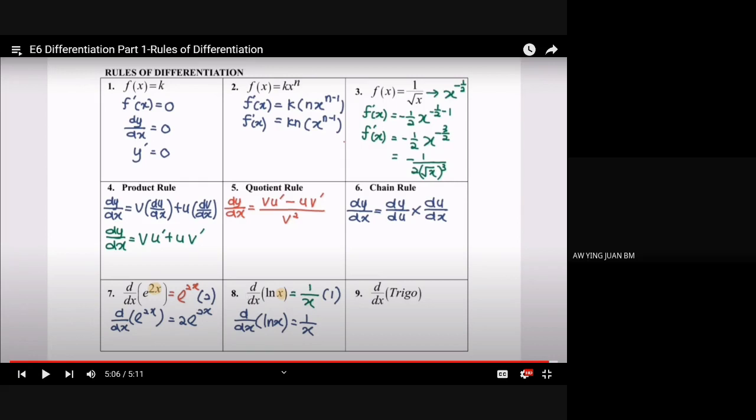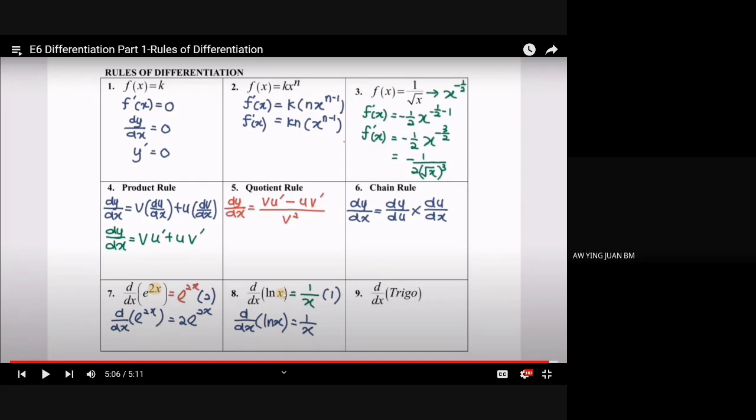Nombor 7 kita deal with exponent, nombor 8 kita deal with ln. Okay, kita hanya boleh differentiate ln. Kalau log base lain, kita tak mampu, kita kena tukar guna properties atau law atau rules of log untuk tukar jadi ln sebelum kita bertindak. Yang pertama, mesti ln atau log base e kemudian kurungan ini.